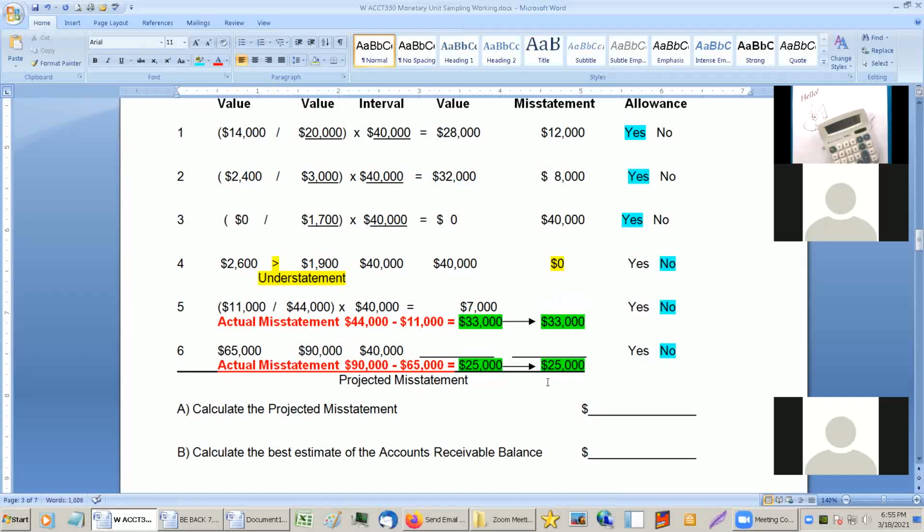Okay, I came up with 118,000. So, I got that too. Did you get that too? Thank you. So this would be the projected misstatement.